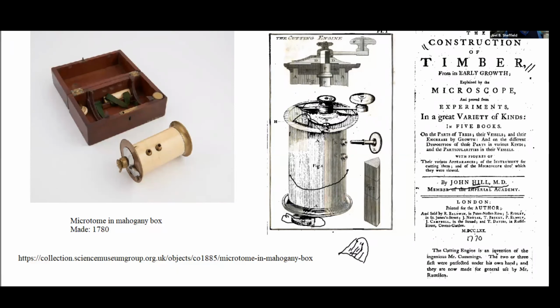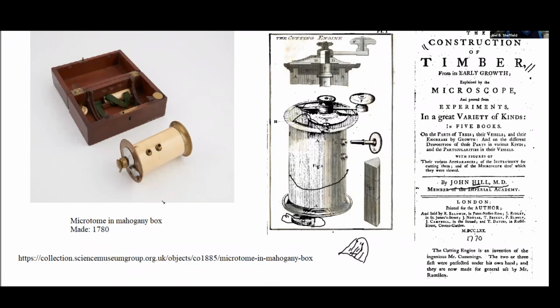It's kind of astounding. This particular version was published in 1770, so even before the optical revolution that we talked about with achromatic and aspheric lenses. So this was a device even then for cutting bits of wood and samples. And it turns out some of these are still preserved.